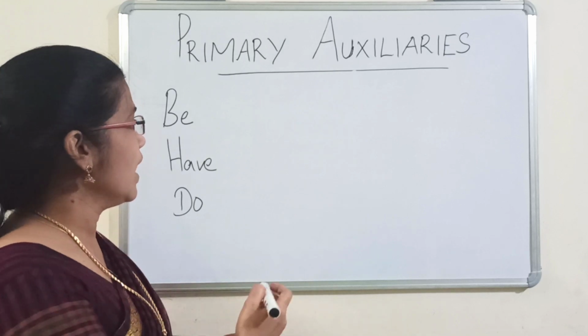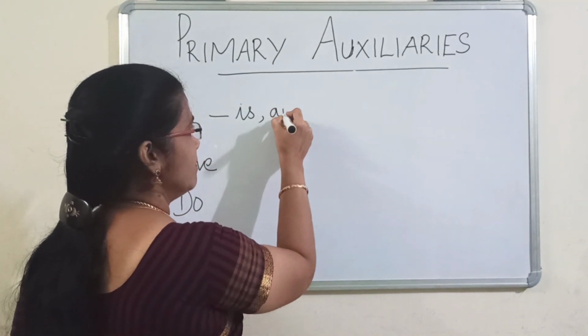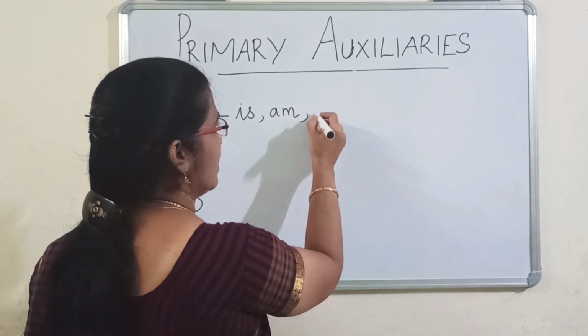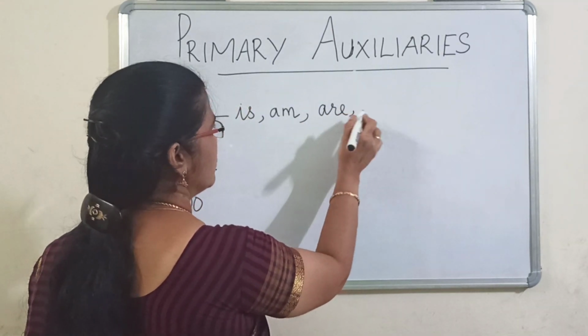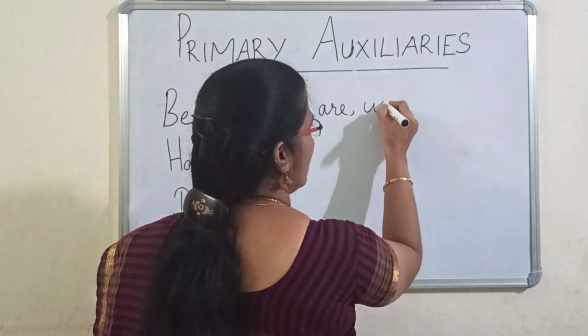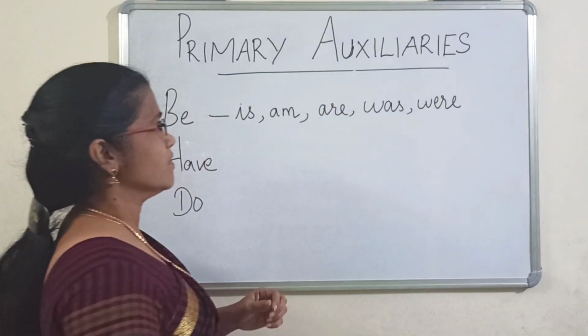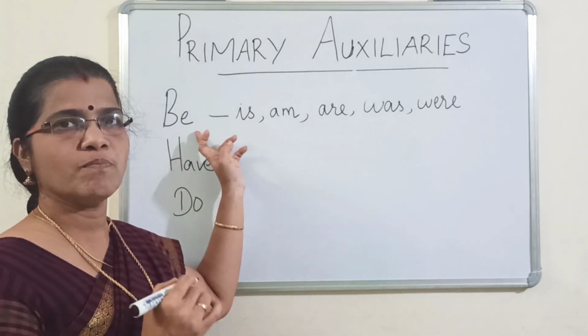From be you have the following forms. You have is, am, are. These are for present tense, you know that. And after that was, were. All these five forms are derived from the root form be.